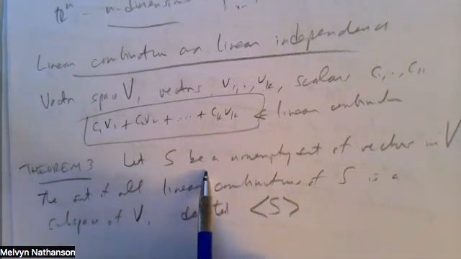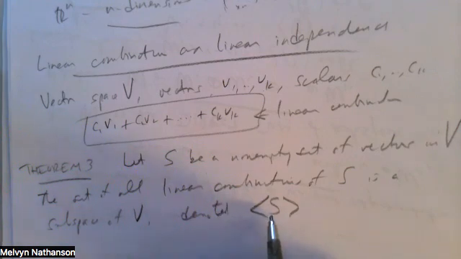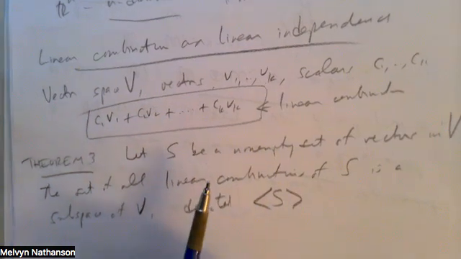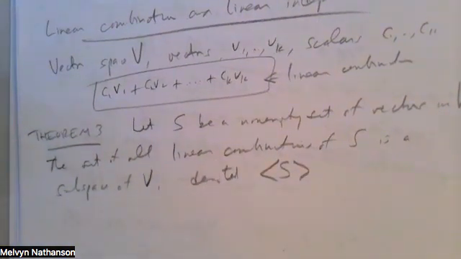So S is a set of vectors. If I look at all linear combinations of them, I claim that's a subspace of my vector space, and that's our notation for it.